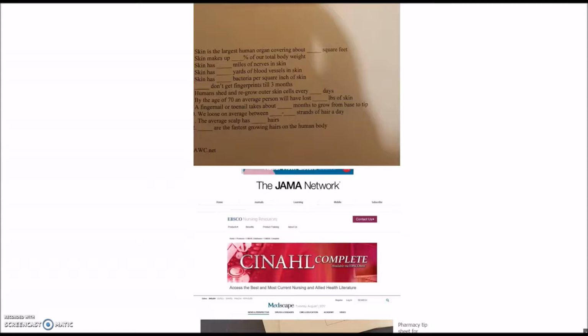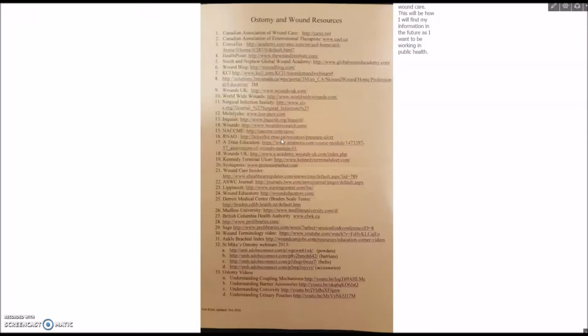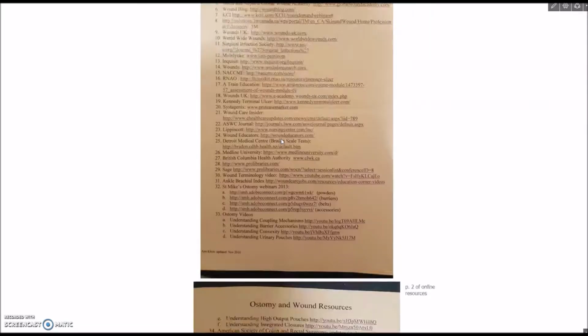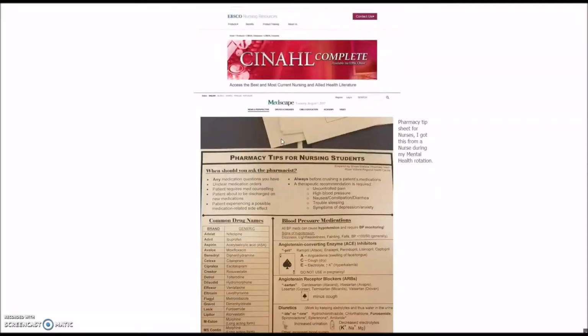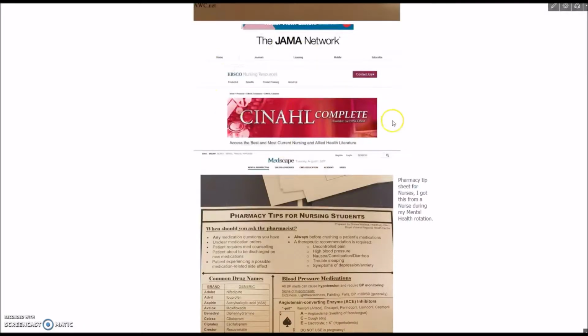So where these resources are very wound and ostomy specific, these three here, the JAMA Network, CINAHL, and Medscape, are going to be really good, scholarly, peer-reviewed websites that are going to provide me with articles and journals that are going to be very useful to me in the future when gathering information, when building my knowledge database.